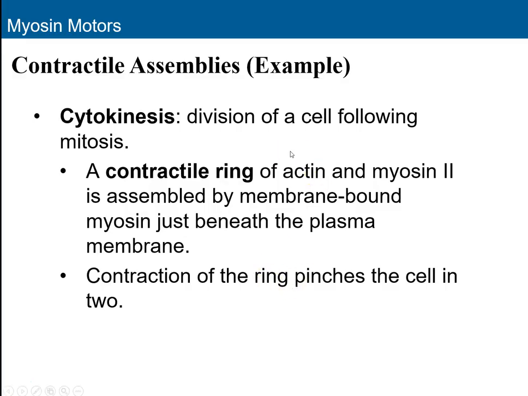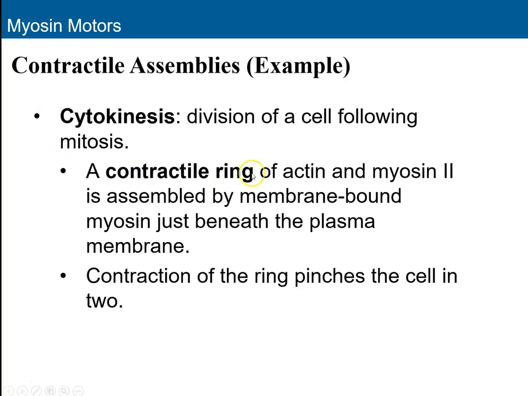So an example is cytokinesis, right? We talk about mitosis and we go through all the stages of mitosis, and then what happens in cytokinesis, right? That's when the cell is actually pinching into two, right? And it's really like division of the cytoplasm. During cytokinesis, a contractile ring forms, okay? That squeezes the cell into two, okay?